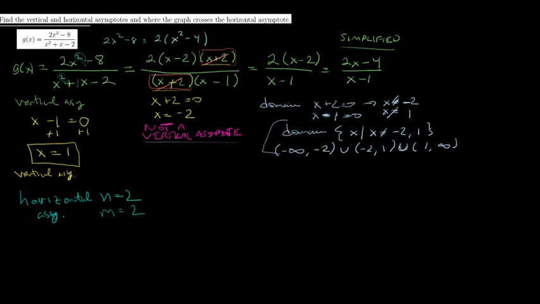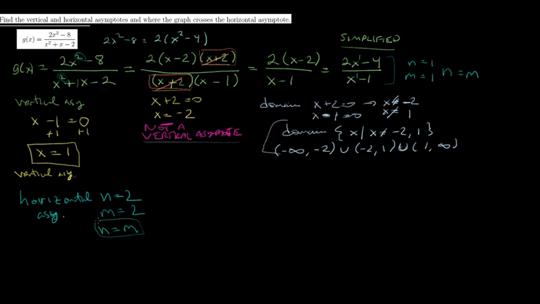Now you might ask, well, why didn't I use the simplified version and compare those? So you do get different n and m's here. Here your n is 1, and here your m is also 1. So if you used the simplified version, while you get different numbers, the result is the same, because in both cases n equals m, 1 equals 1 or 2 equals 2.